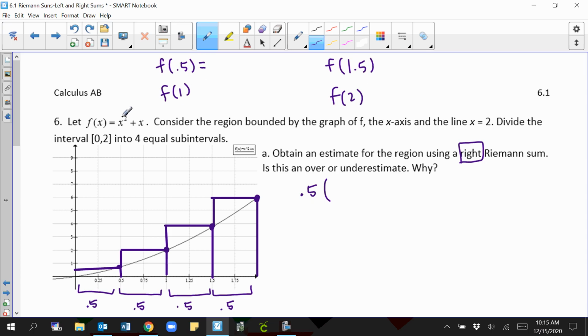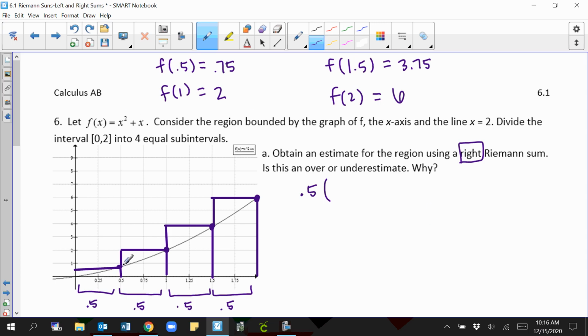So 0.5 squared is 0.25, plus 0.5 is going to give me a 0.75. 1 squared is 1, plus 1 is going to give me 2. 1.5 squared plus 1.5 ends up giving me a 3.75, and 2 squared plus 2 gives me 6.